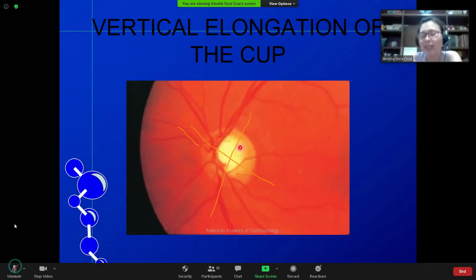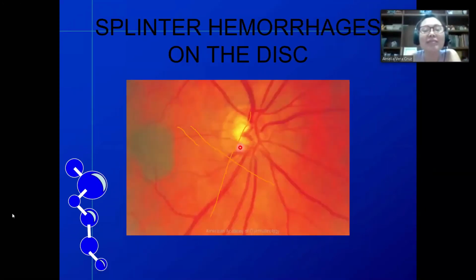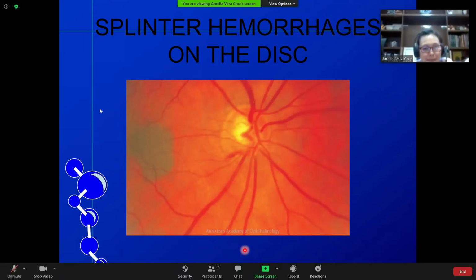Sige. Okay, next. Where is the splinter hemorrhage there? Yes, this one is your splinter hemorrhage.